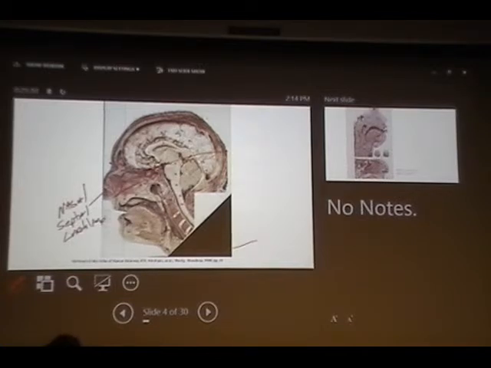This is referred to as the perpendicular plate of the ethmoid bone. And this is an interesting bone here. This is referred to as the vomer. Vomer looks like a plow blade. That's what vomer means. Okay. And then back here we've got the nasal pharynx.